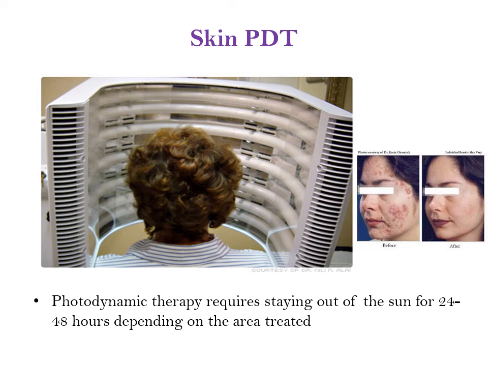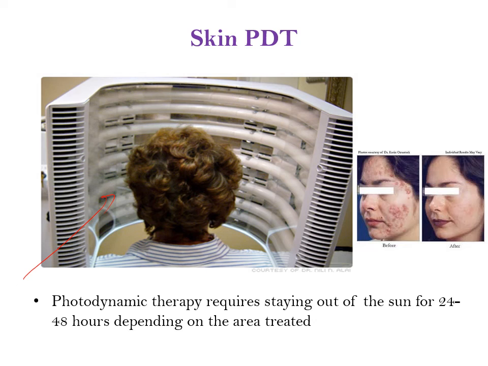This photodynamic therapy requires staying out of the sun for 1 day up to 3 days, depending on the area treated. If the person is exposed to additional light, unwanted effects could occur. So this is an example of exposure of light during photodynamic therapy.